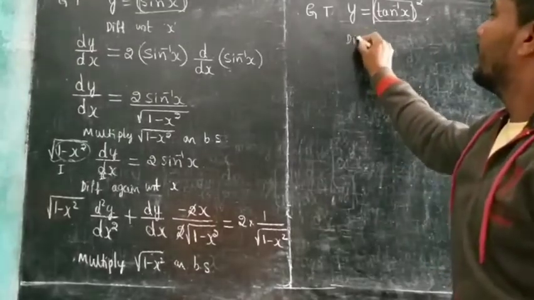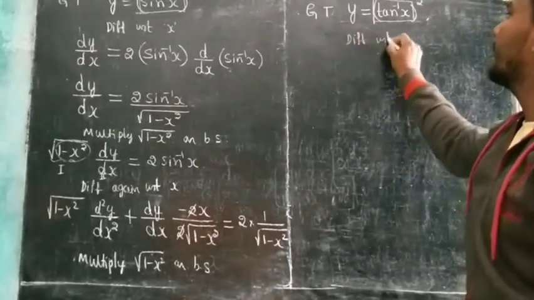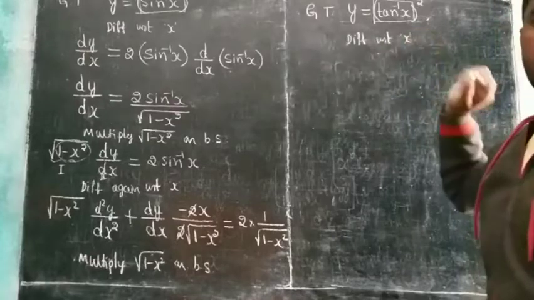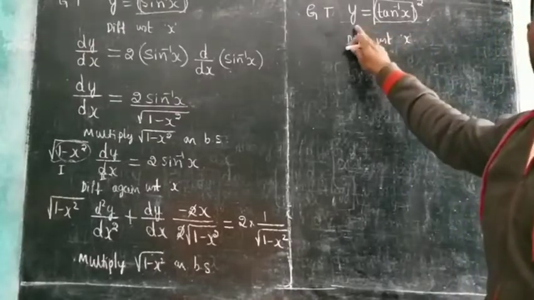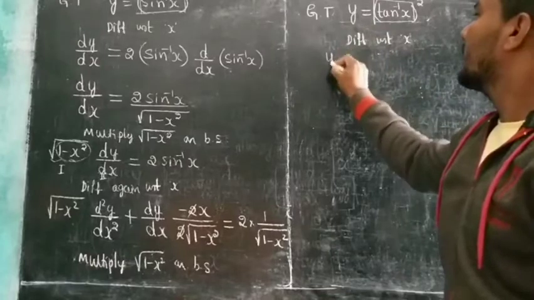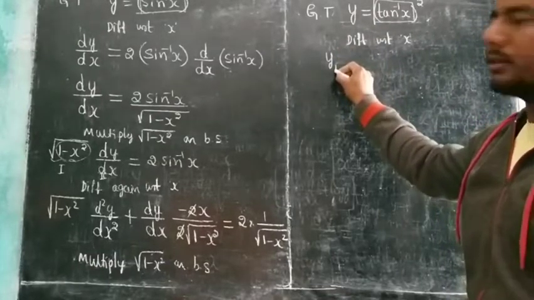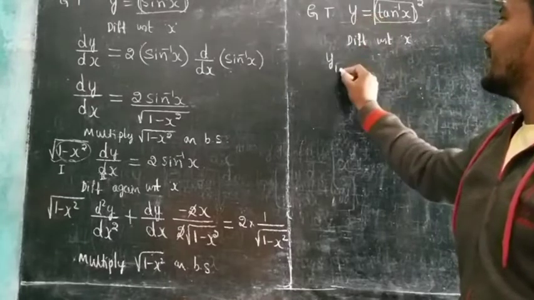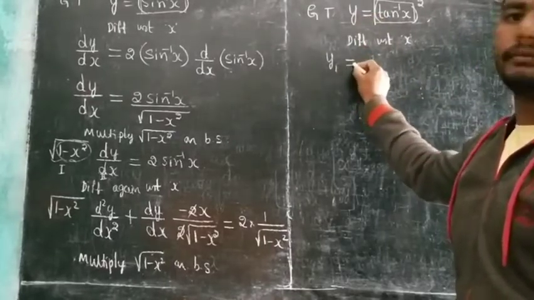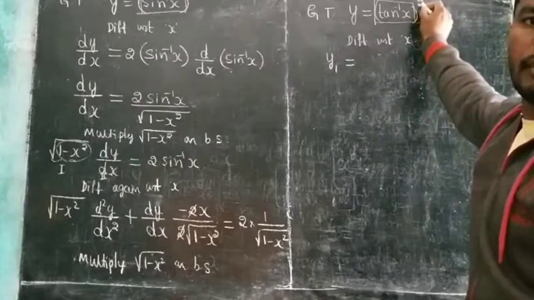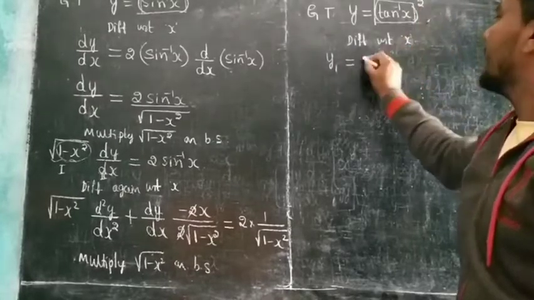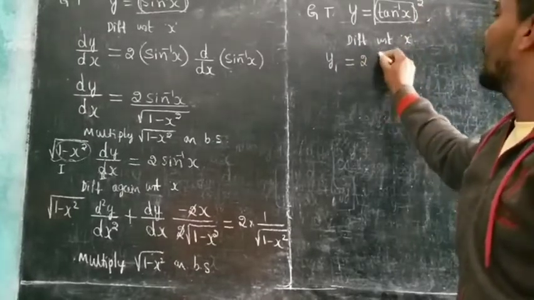First write the derivative, that is differentiate with respect to x. The derivative of y can be written y1 because they are given y1 and y2.